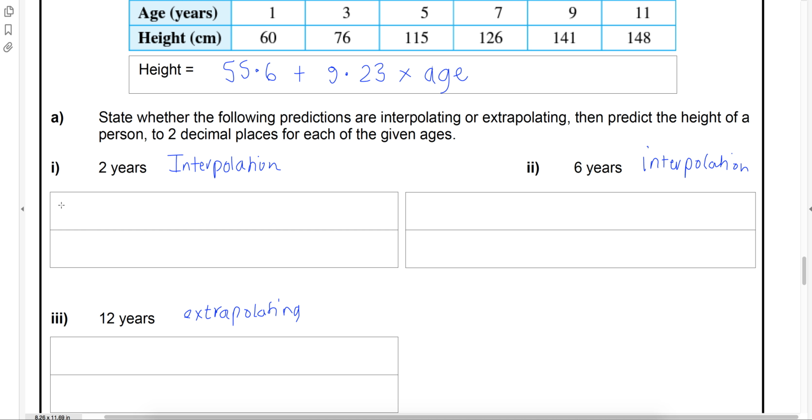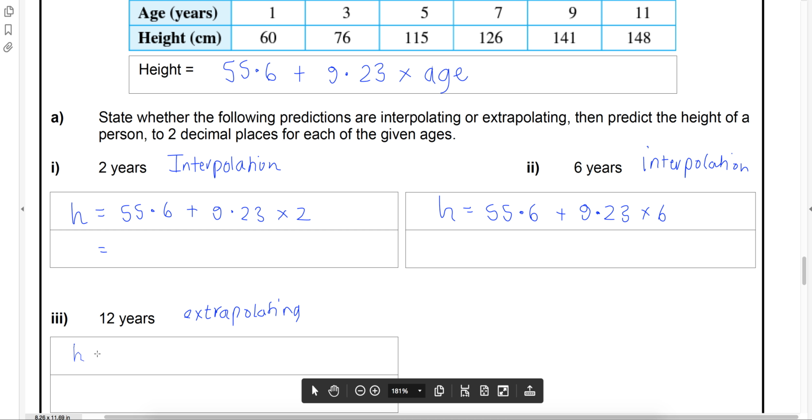To get our height, because we have been asked now to find the height, I'll just call it H, 55.6 plus 9.23 by age of 2. You can do that on your calculator. I'll just write out the workings quickly for these and we will evaluate. So by 6, and this one is 55.6 plus 9.23 by 12.